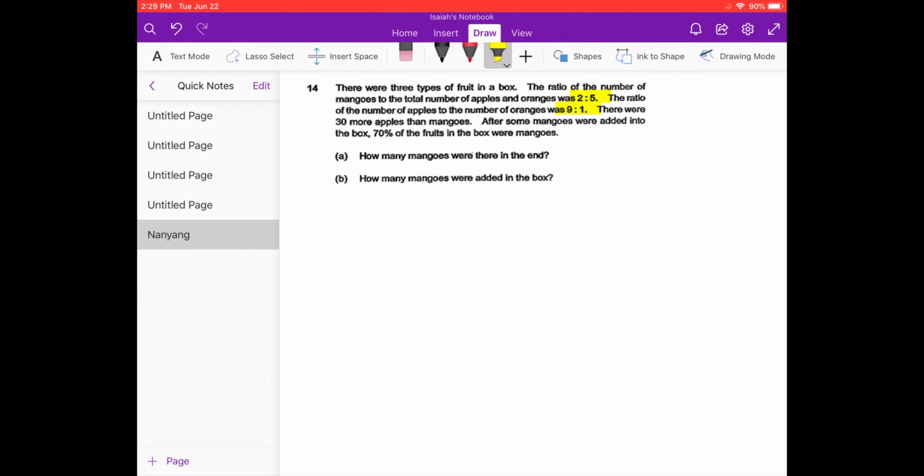And there were 30 more apples than mangoes. After some mangoes were added into the box, 70% of the fruits in the box were mangoes. So for part A, how many mangoes were there in the end?